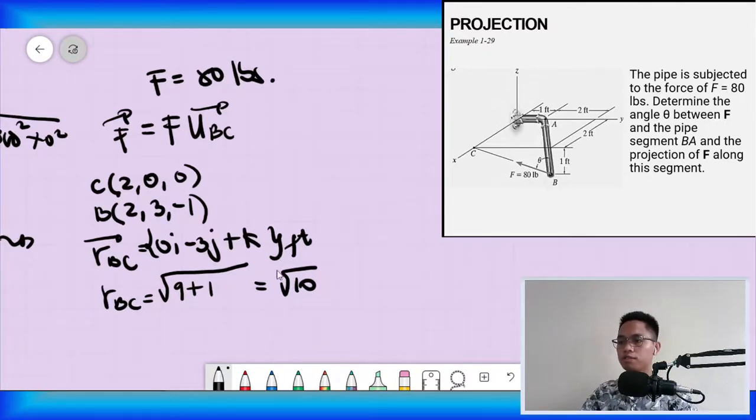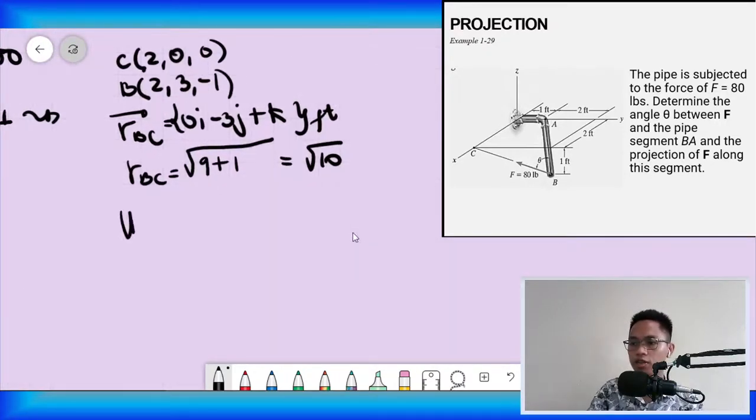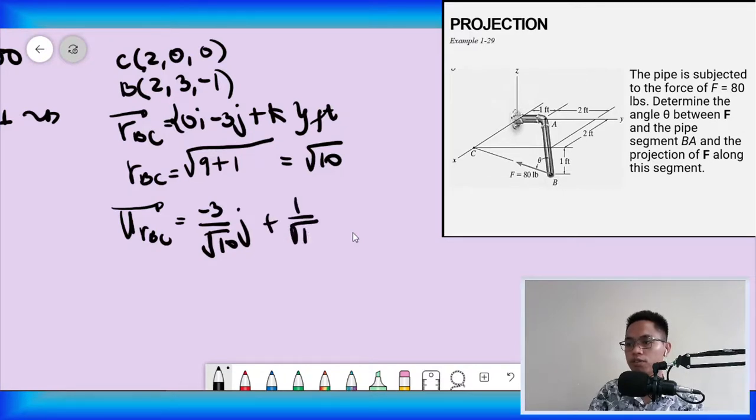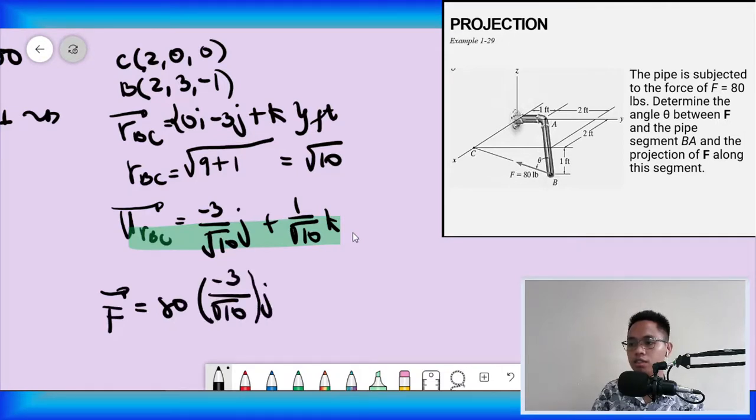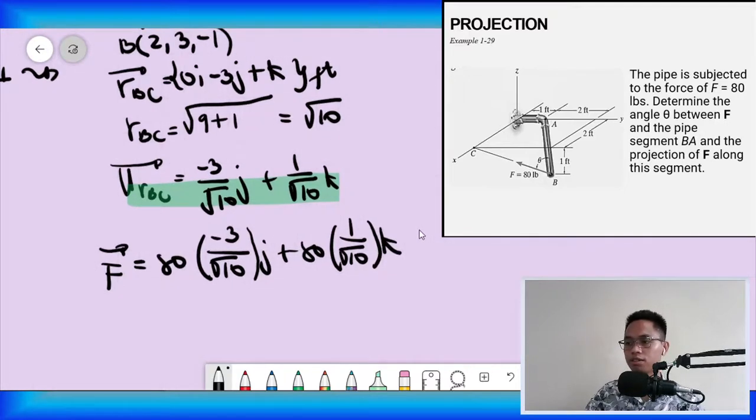So with this, we can automatically solve the unit vector RBC: negative 3 over square root of 10 j plus 1 over square root of 10 k. Now we can solve the Cartesian vector form of F, which is 80 pounds times negative 3 over square root of 10 j, plus 80 times 1 over square root of 10 k. There is no x component.